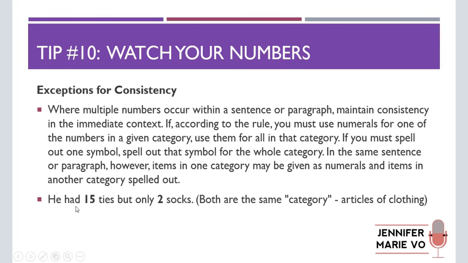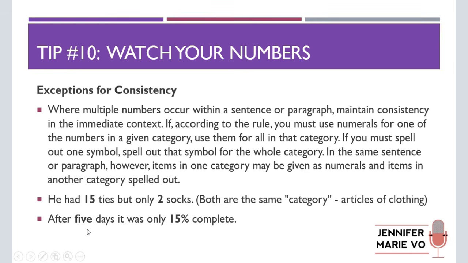Now, if this said he had 2 socks, we would spell 2, T-W-O. But because we have he had 15 and this number is more than 10, then we can put the numerical value 15. And then this one, to make it consistent, we also put the numerical value of just 2, because both of these are in the same category, articles of clothing.